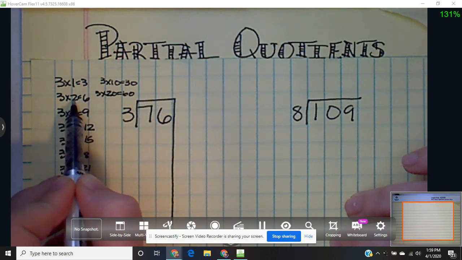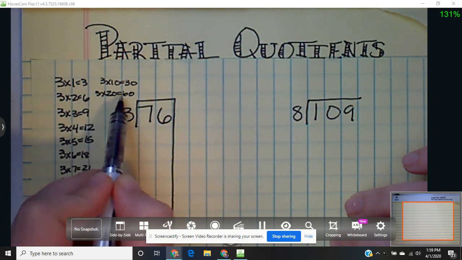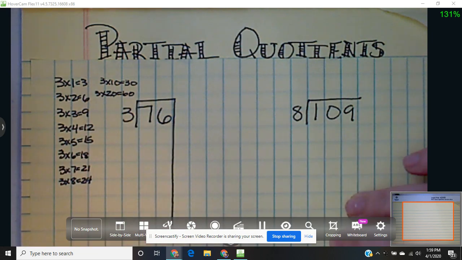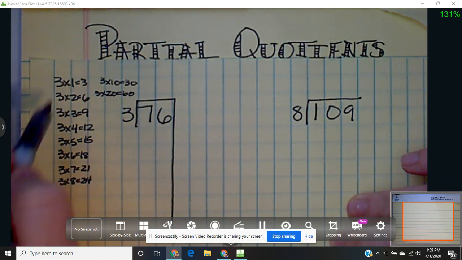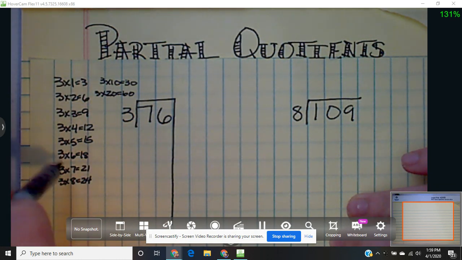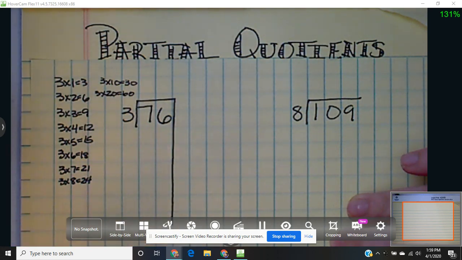See how the 2 and the 2 are the same? The 6 and the 6 are the same. We just added that 0. So now I not only know my multiplication facts 3 times 1 through 8, but I know 3 times 10, 20, 30, 40, 50, 60, 70, and 80. And continuing on in the hundreds and things like that.